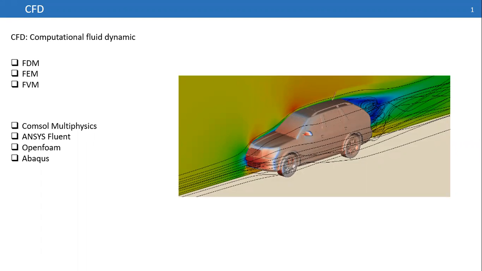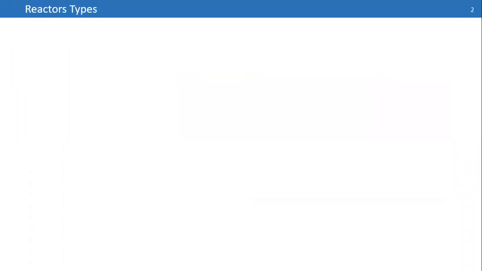When you use ANSYS Fluent, there are some difficulties: you should define your reactions using a UDF and then define them in your system. But the interface of COMSOL Multiphysics is so easy for reaction modeling and simulation.